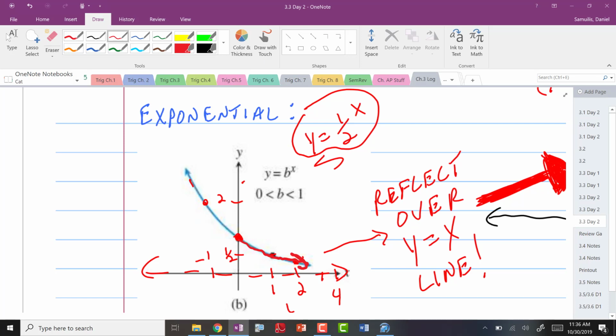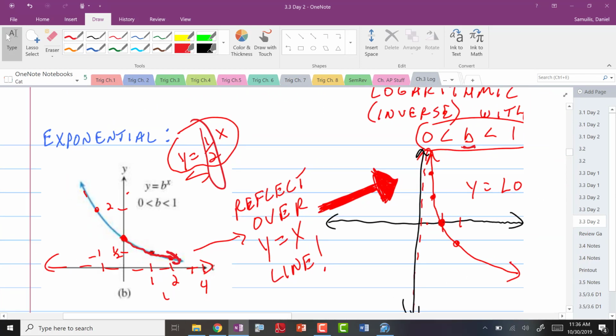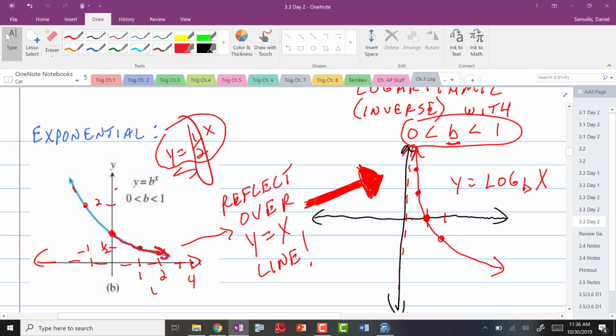So the reason I wanted to talk about this: when the base is between 0 and 1, then when I switch x and y, this is the logarithm graph I get. Still, (0, 1) becomes (1, 0), the most important point that I need to know where it moves to for a logarithm. But then when I take (1, 1/2), that becomes (1/2, 1) when I switch x and y.